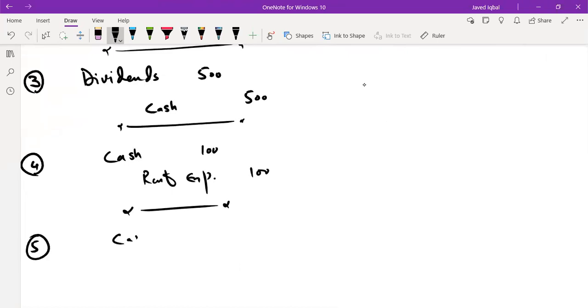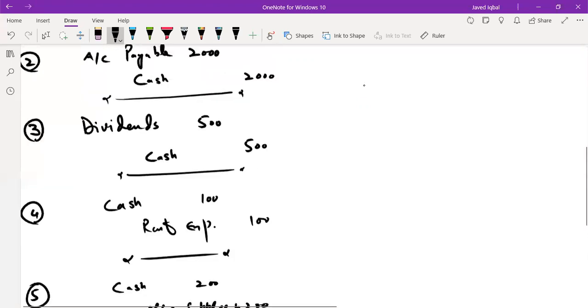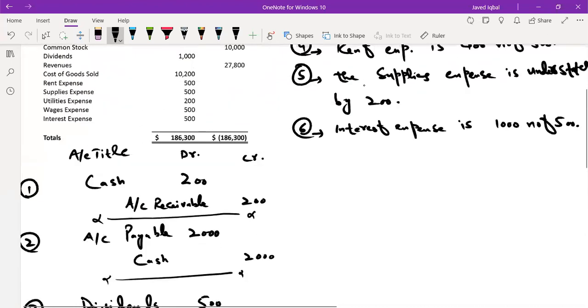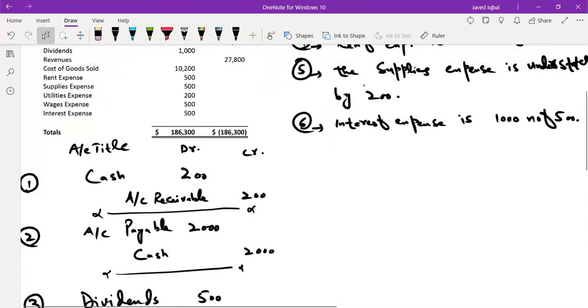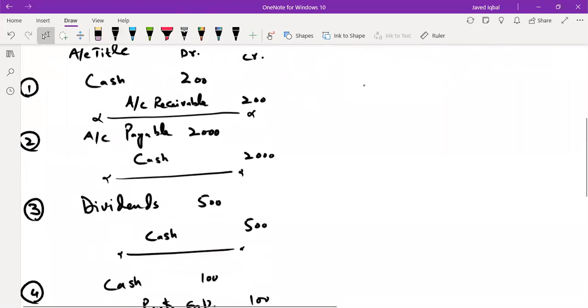So cash will increase by 200, and your office supplies expense will decrease by 200, right? Since it was overstated, we need to decrease it by 200. Sorry, it wasn't overstated, it was understated. We did it wrongly.